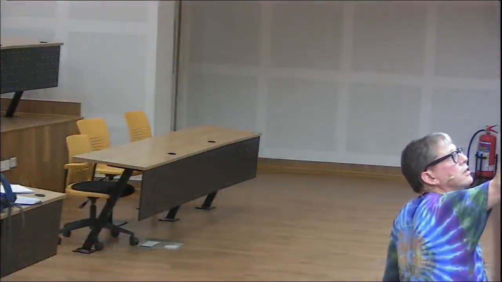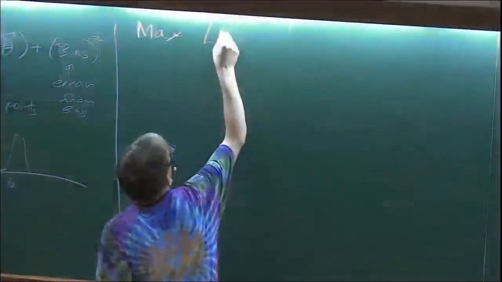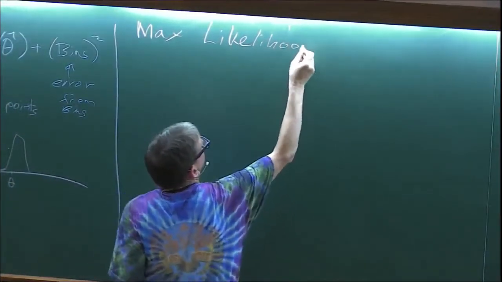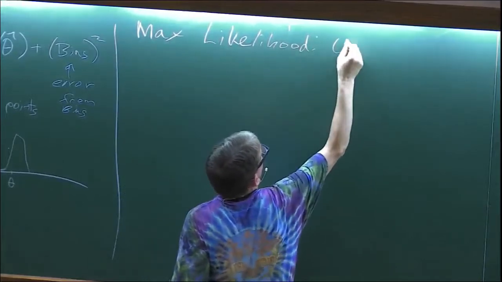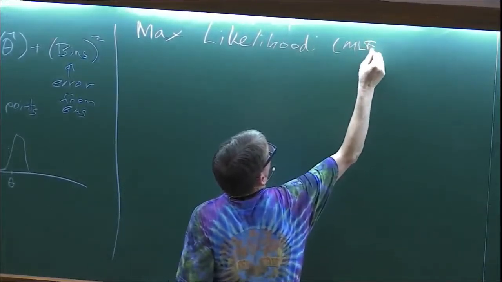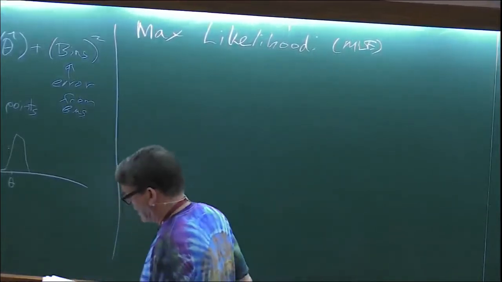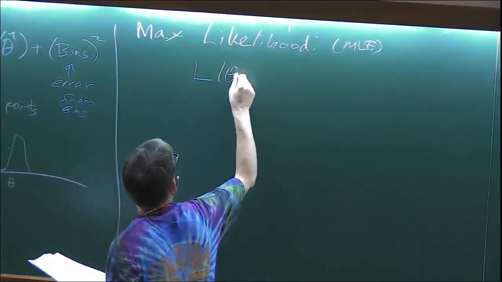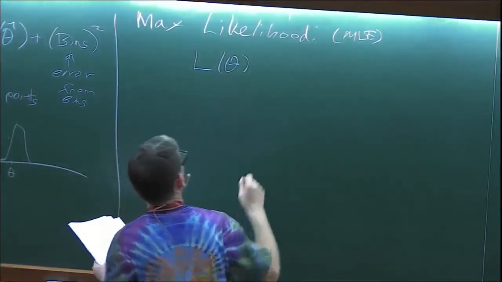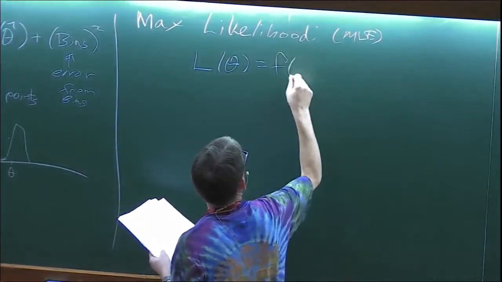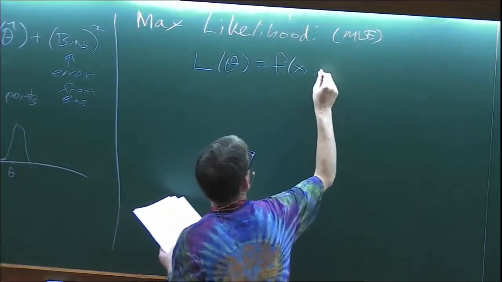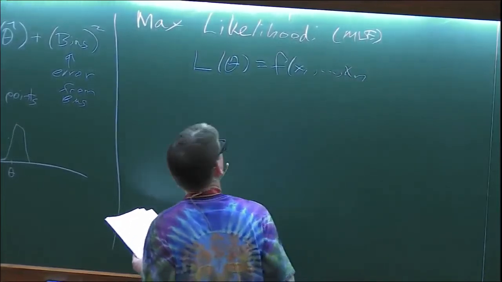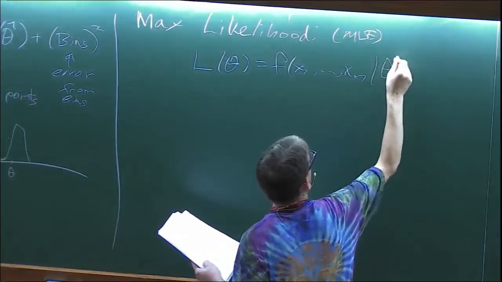So for max likelihood, sometimes called MLE, we're going to define L of theta, which is f of x1 through xn given theta.